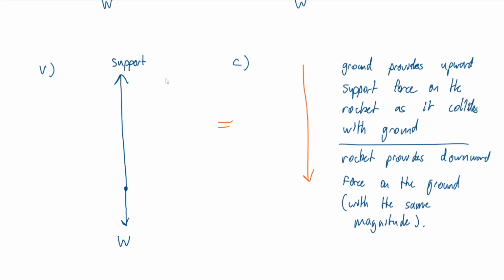So once more, Newton's third law, equal and opposite reaction force. So the ground is providing a support force upwards, which means it will experience an equal and opposite force downwards.